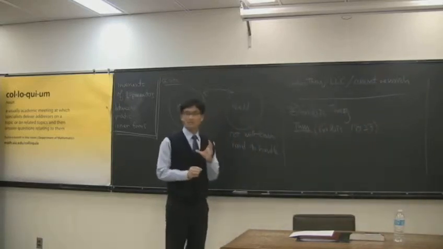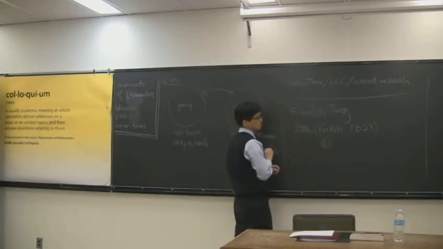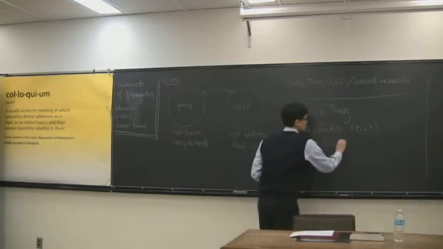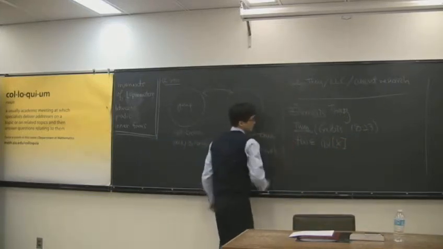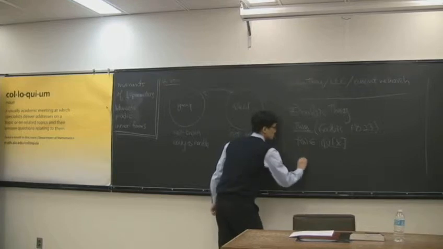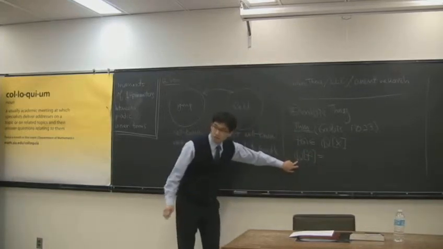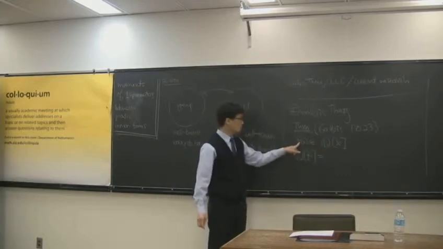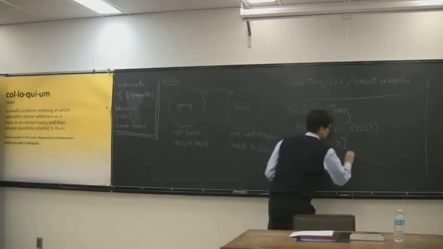For simplicity, I'm going to talk only about the field of rational numbers, Q. If you pick a polynomial whose coefficients are all rational numbers, I want to denote by Q adjoin F the field generated by the rational numbers and all zeros of this polynomial in the complex numbers, which is called the splitting field.